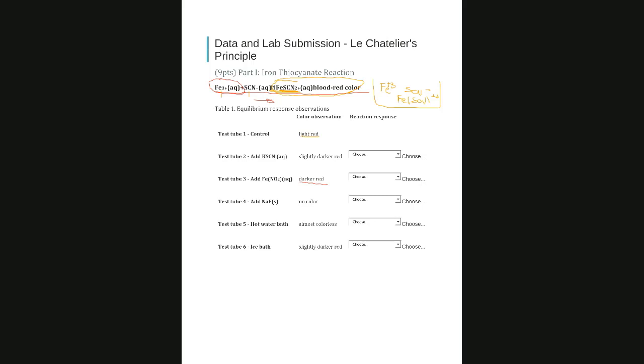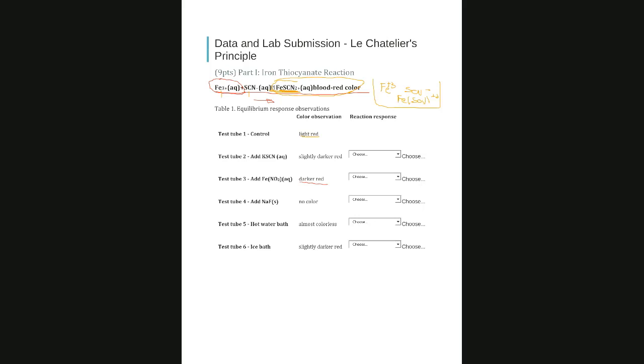If the red is more intense, the concentration of the product is higher. Did I answer that question? I'll stay later and we can go over that as well.